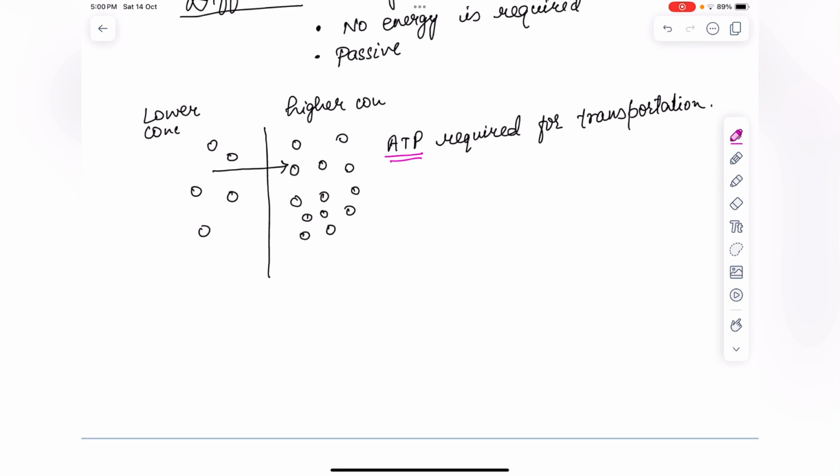Active transport uses energy to transport and pump molecules against the concentration gradient. What is concentration gradient? It means there is a difference between the concentrations. This side will be lower concentration and this side higher, so it moves from lower to higher. That's why it is called against the concentration gradient.